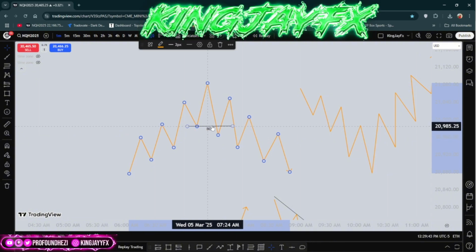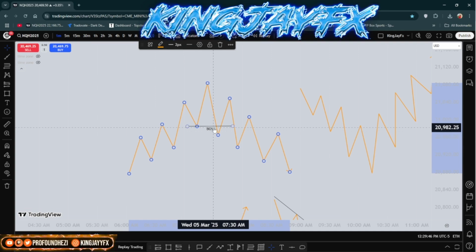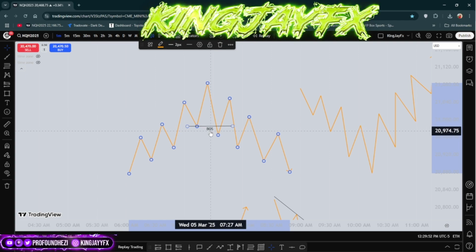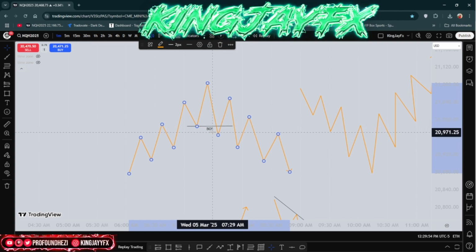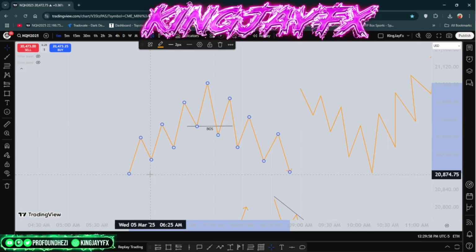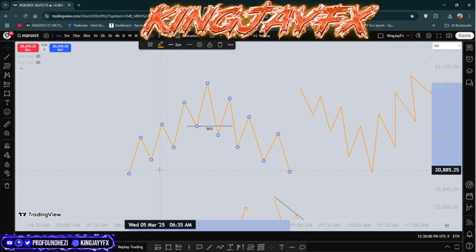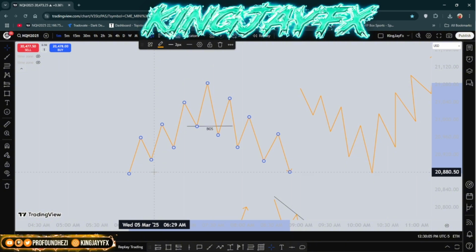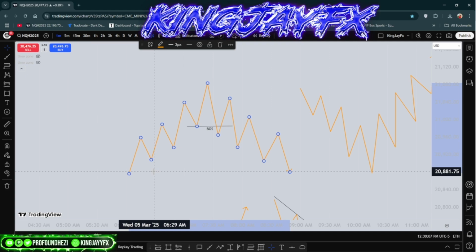So once I identify that, I'm like, okay, we are no longer looking for buys. All I am doing here, if it is not a liquidity sweep, is looking for the best opportunity to get in for a sell. It wouldn't be right when we broke the low. You don't want to get caught in that. That's what we're going to go over in our next couple of episodes when it comes to our entry criteria. But for this video alone, we're going to focus on structure.